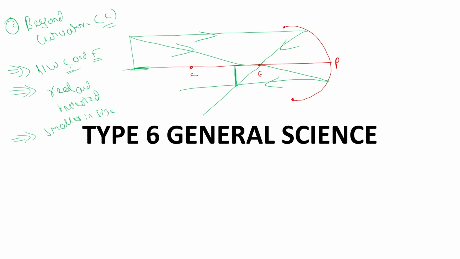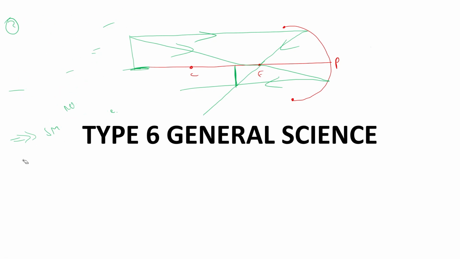Just look at it carefully. The object is at a place beyond the curvature. The first ray comes from this side, the second ray comes from this side, and the image is formed between C and F. These are the details about the image: between C and F, real and inverted, and smaller in size. Now let's talk about the third case.